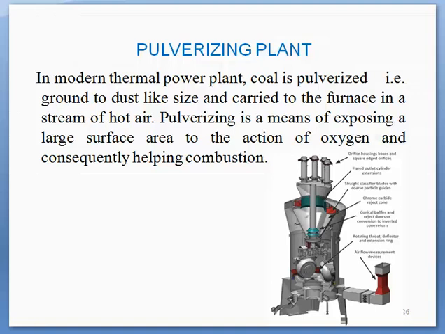In this unit, coal is pulverized, that is, it is ground to dust-like size and is carried to the furnace with the help of a stream of hot air, that is known as primary air, and generally its temperature is kept at 70 to 80 degrees centigrade. The meaning of pulverization is exposing a large surface area for the action of oxygen, which helps combustion.